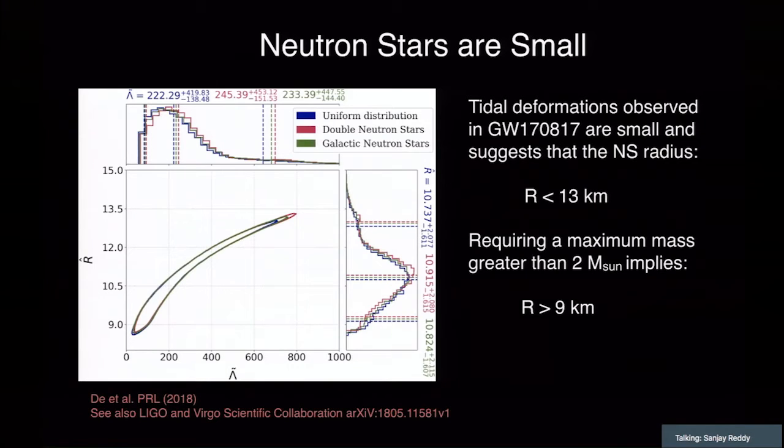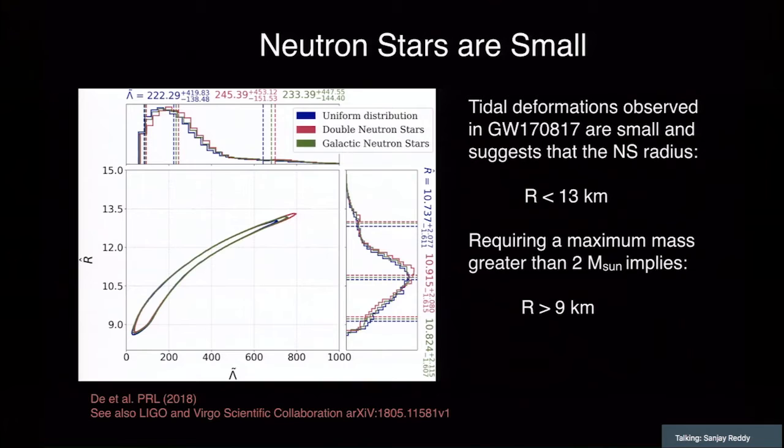This is a very robust insight, because it doesn't depend on systematic errors that were problematic in the analysis of X-ray extractions of neutron star radius. This just depends on general relativity being correct, and very robust assumptions about the waveforms that go into analyzing the gravitational wave data. So the bottom line is the data suggests now that the radius of neutron stars has to be much less than 13 kilometers.